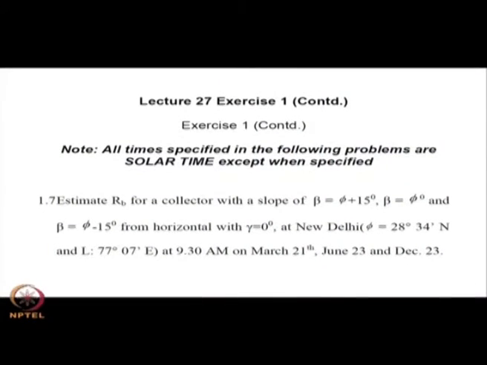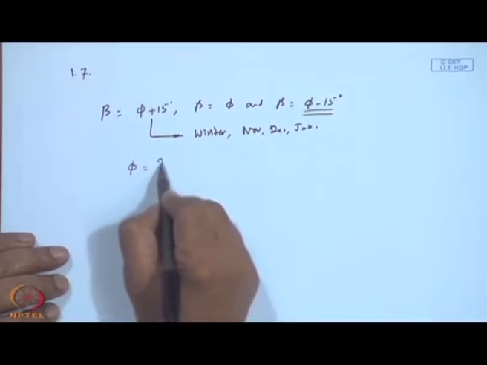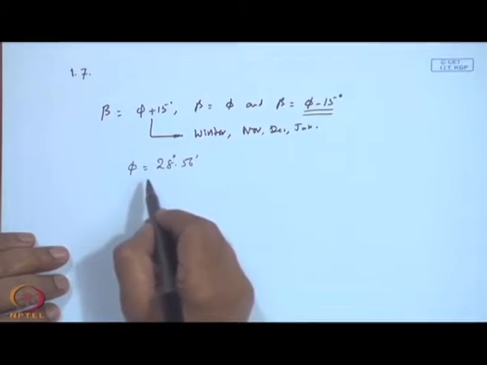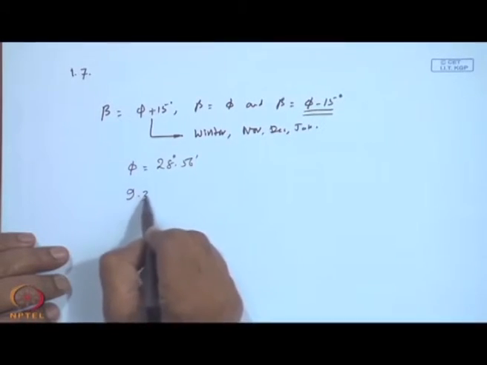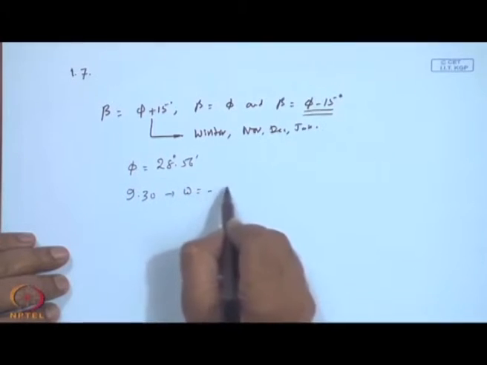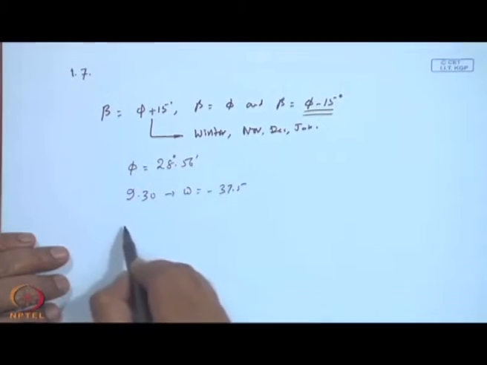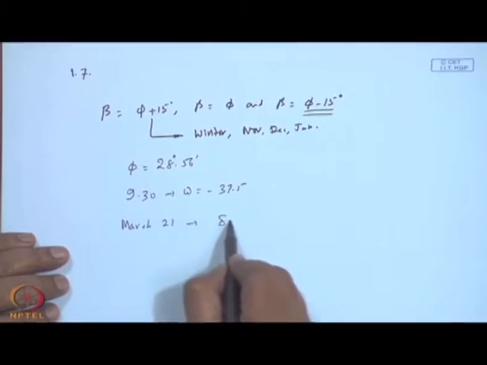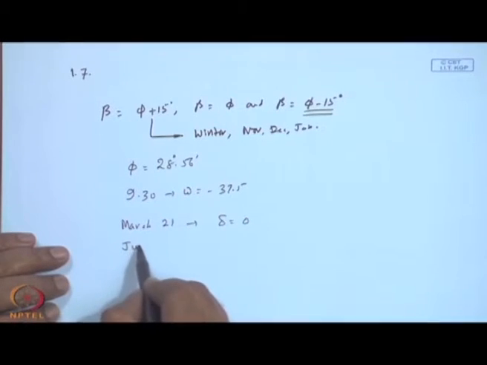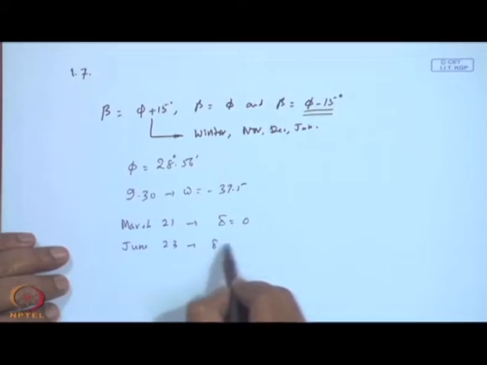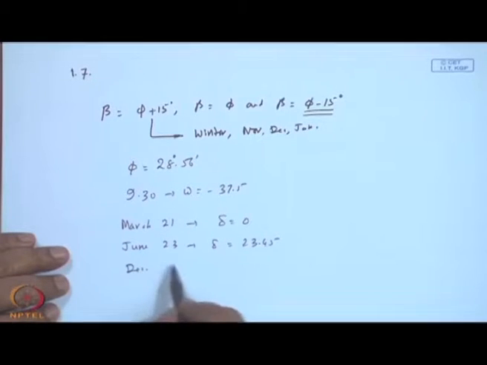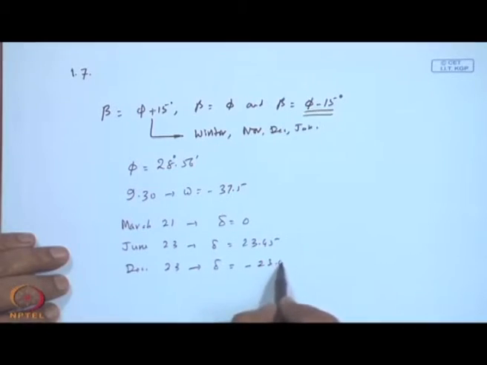And it is given for Delhi phi as 28.56 degrees I think, and time 9:30 corresponds to omega of minus 37.5, and March dates are plus or minus, does not matter, delta is 0, and June delta is positive 23.45, and December 23 you have declination of minus 23.45.